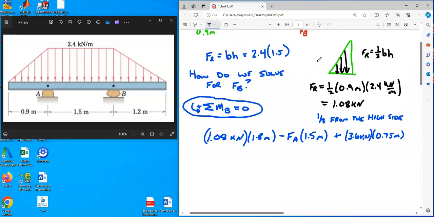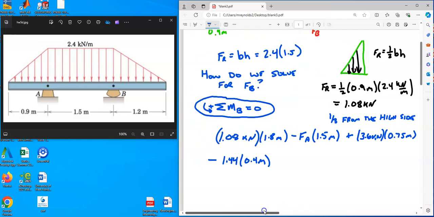So I'm going to write minus 1.44 times 0.4 meters. This is all one equation. I had to put it on the next line. I could scroll over, but then I kind of lose it too, so I'm just going to put it all on there. I say equal to 0.